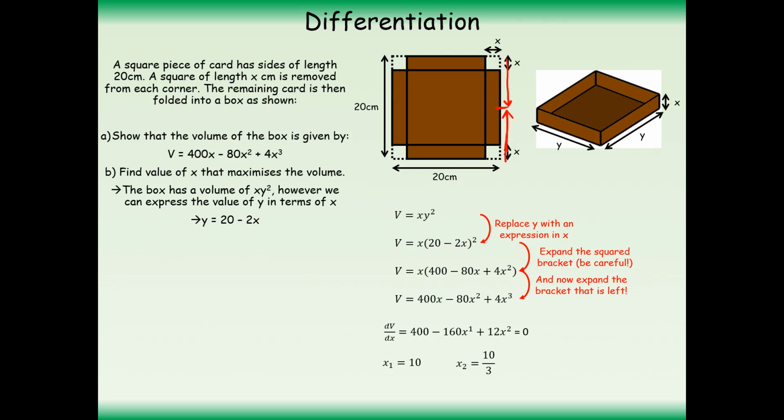Cutting out x to be 10 is not helpful, so that gives us a volume of 0. So we take x to be 10 over 3. And you can substitute that back into the volume formula to find the actual volume that's maximized.